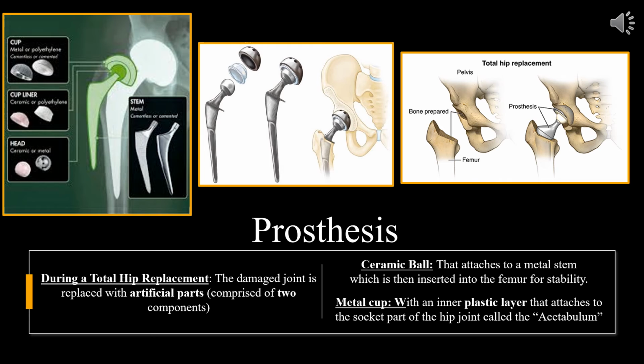Go ahead and take a look at the pictures above. The picture on the far right shows you what the bone and joint will look like as it's prepared by your surgeon.